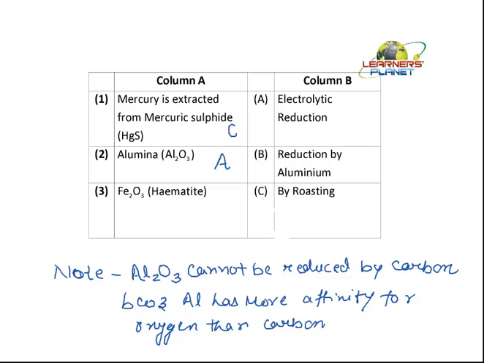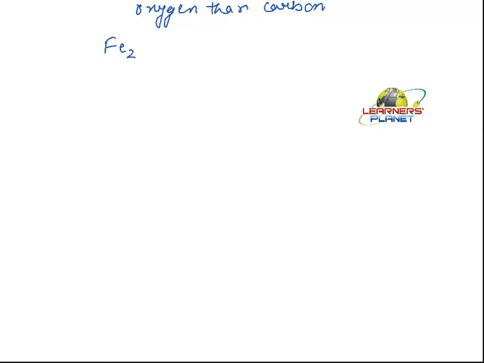Then finally, it is hematite, or Fe2O3. So it can be reduced both by carbon as well as by aluminium. And what is this reaction called? Thermite reduction. That is Fe2O3 plus aluminium. The products obtained are Al2O3 plus Fe.